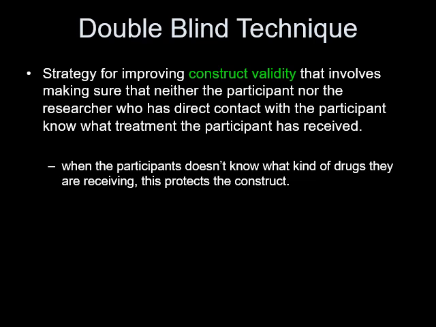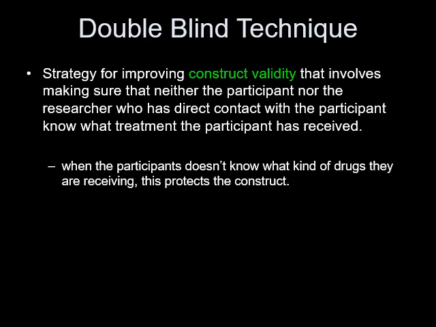Another way to do it is to blind the subject, okay? Because once subjects know that they are getting some sort of special treatment, they create something called demand characteristics, and that is actually going to sway their behavior as well. So the gold standard in this case is the double blind technique.